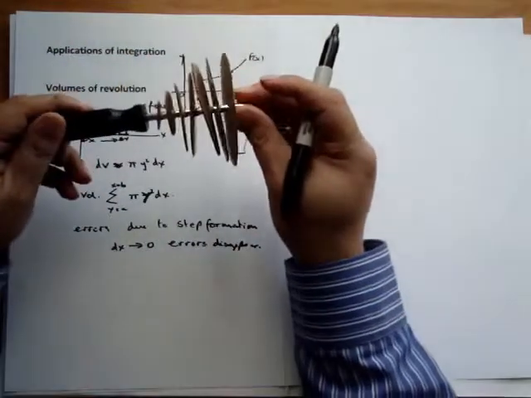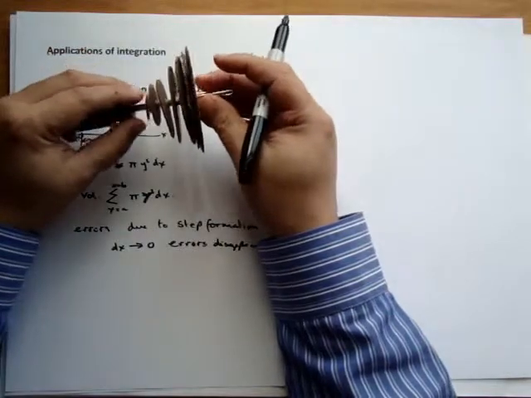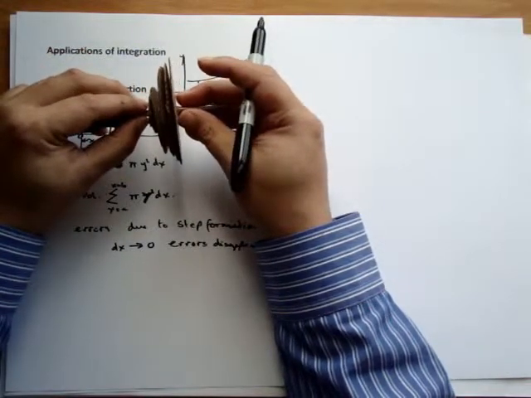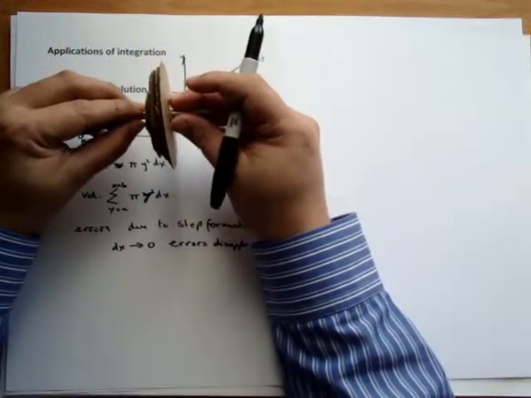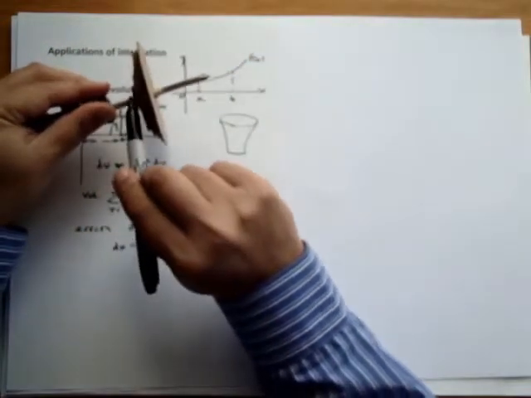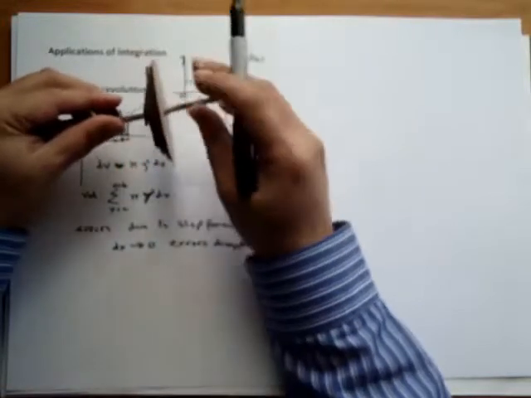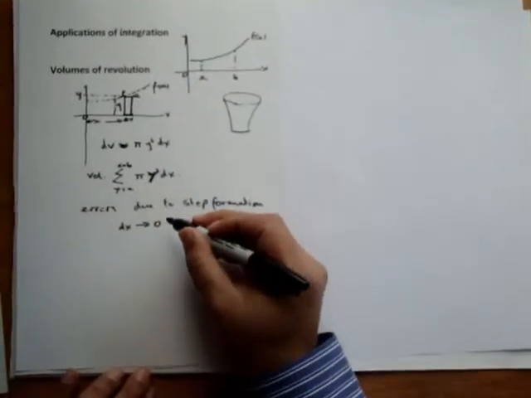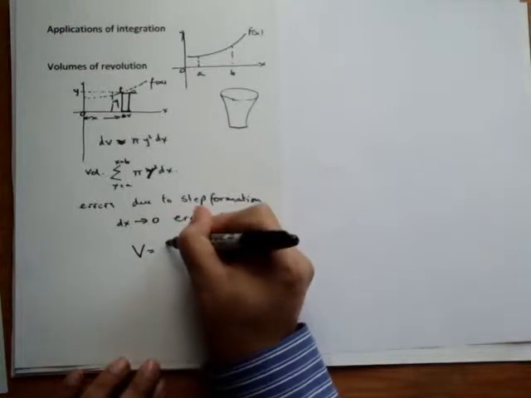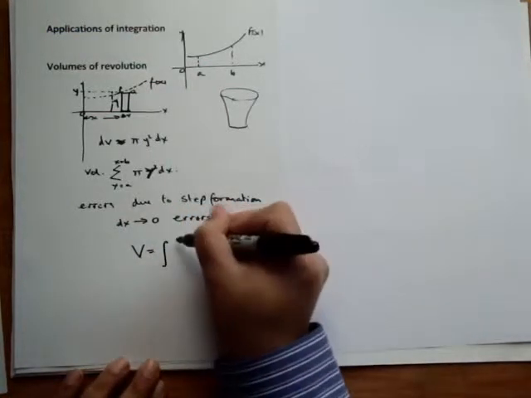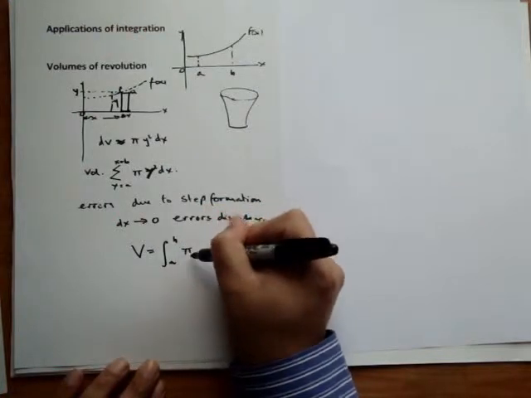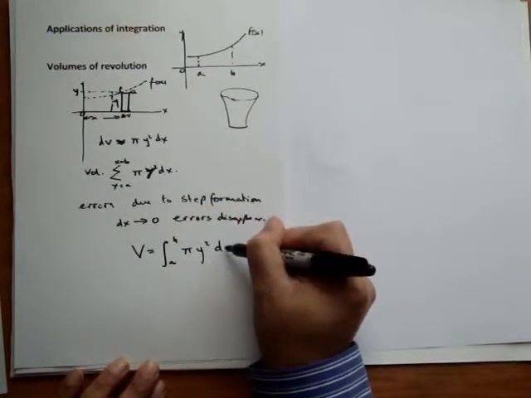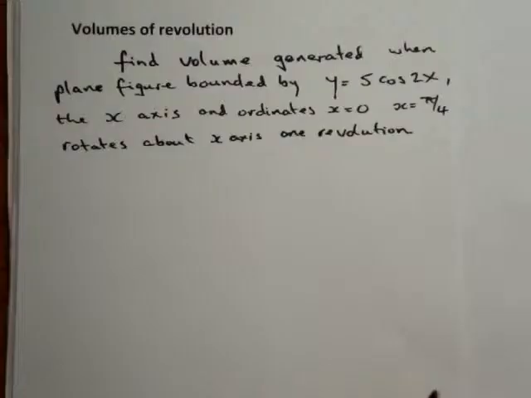So as delta x becomes smaller and smaller, say we make the thicknesses infinitely small and push everything together, we can get a very good estimate. And then when delta x tends to 0, we get a total volume, the volume of the solid from a to b becomes the integral of pi y squared dx.